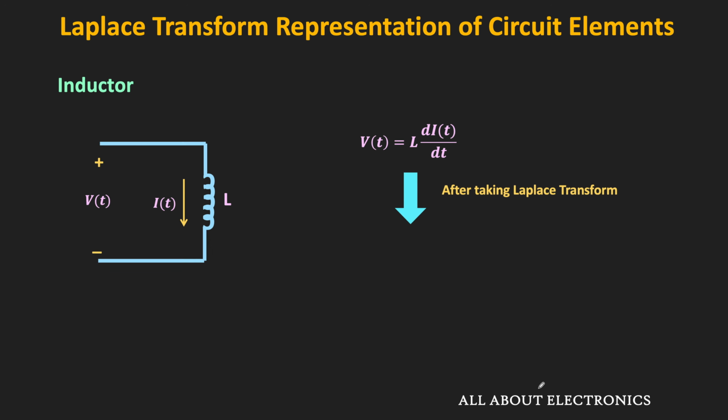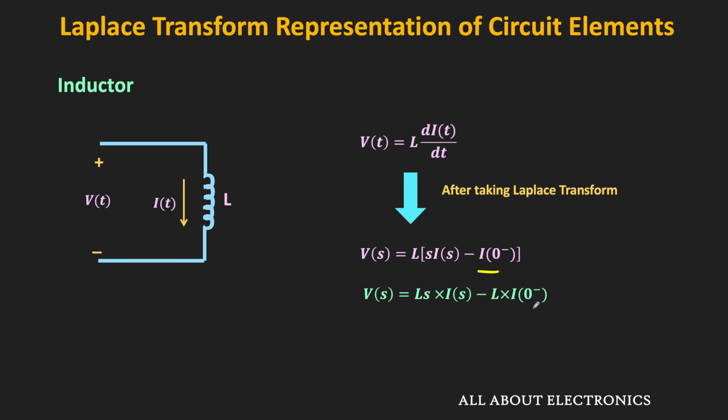After taking the Laplace transform, let's say the voltage and the current are V of s and I of s. Using the differentiation property of the Laplace transform, di divided by dt can be written as s times I of s minus I of 0, where I of 0 minus is the current through the inductor at time t equal to 0 minus. That means V of s is equal to Ls times I of s minus L times I0 minus.